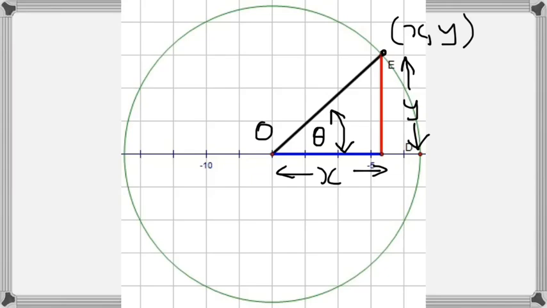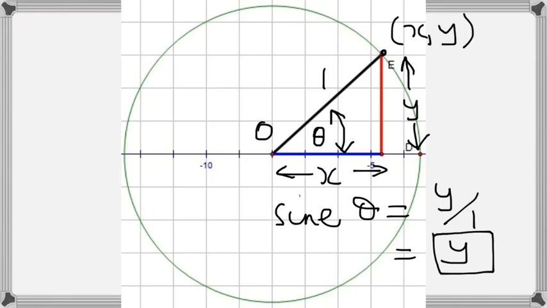Now, I'm just going to mark those as x and y there, and then for a unit circle, which this is, I've just marked the hypotenuse in as 1, sine theta is taken to be y over 1, or just the y coordinate. Just as for cos, it is the x over 1, or the x coordinate.